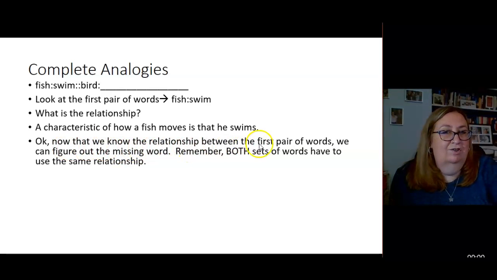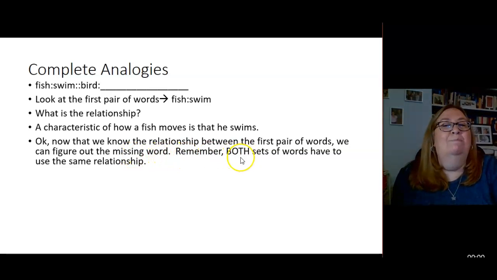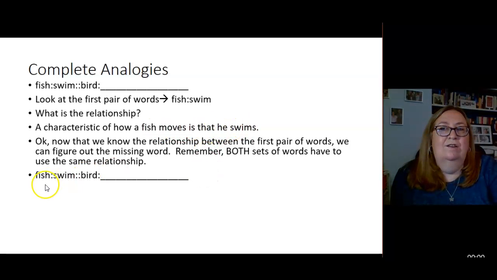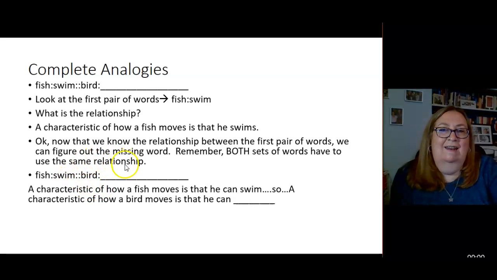Now that we know the relationship between the first pair of words, we can figure out that missing word because both sets of words have to use the same relationship. Okay? So if we say a characteristic of how a fish moves is that it swims, then a characteristic of how a bird moves is that it can, well, how does a bird move?